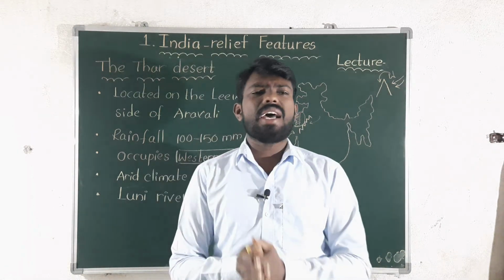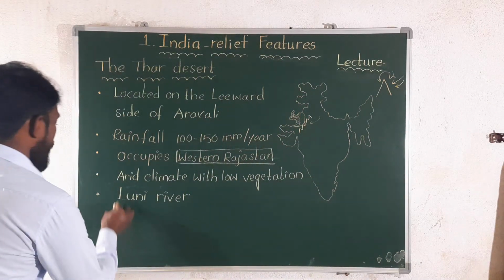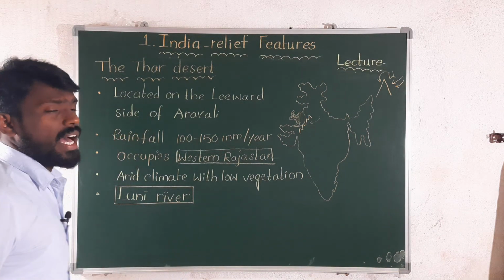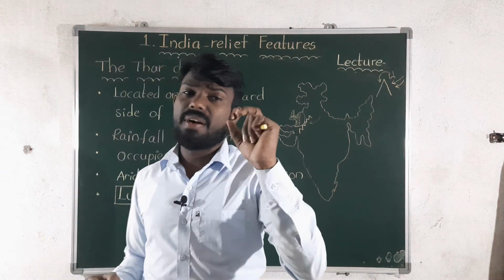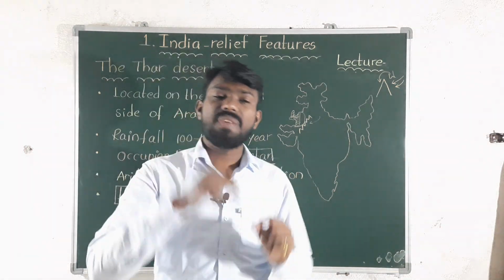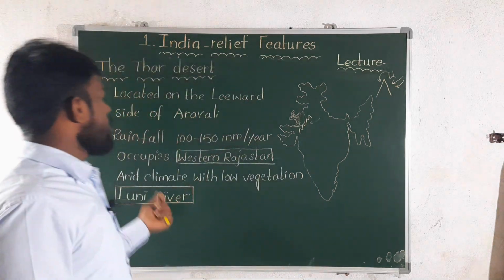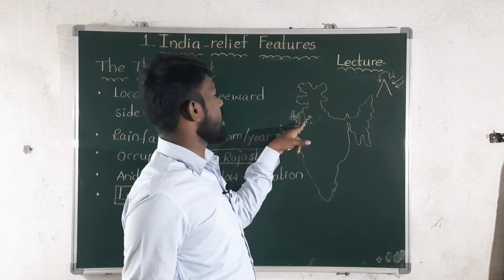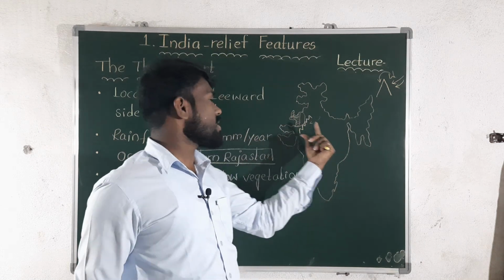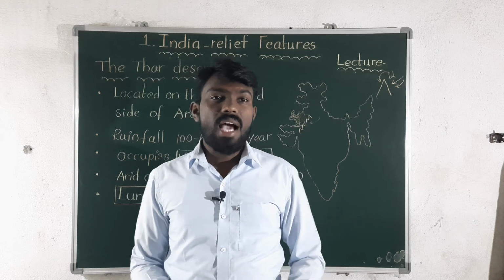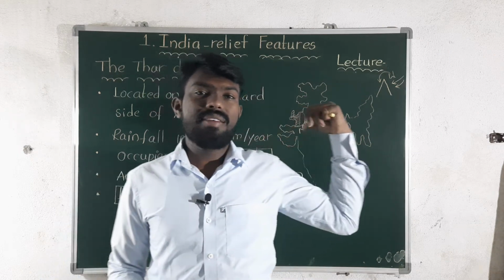Luni is the only river in the Thar Desert. The internal drainage rivers fill into lakes and don't reach the ocean, the Arabian Sea being nearby on the west side.